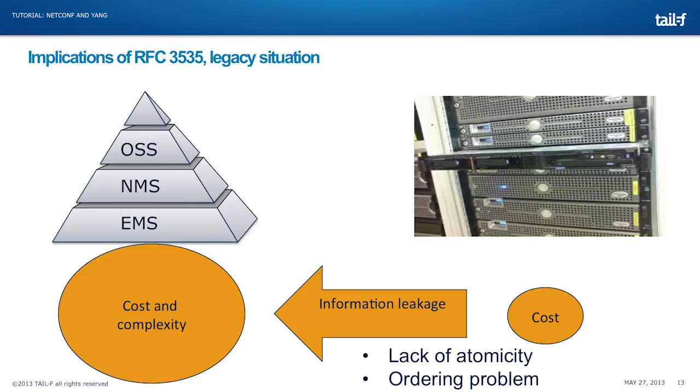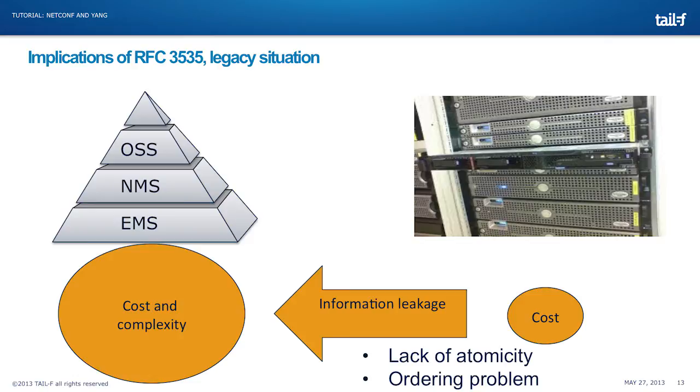So this forced information leakage to go from the network device up to the centralized management system. We had to have EMSs, consolidate those into an NMS, and finally pull it together into my OSS before I could start running my network.